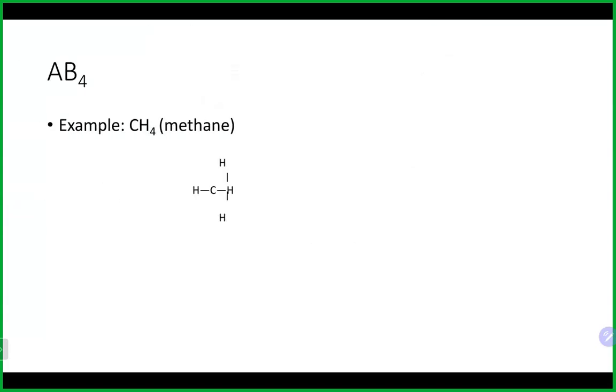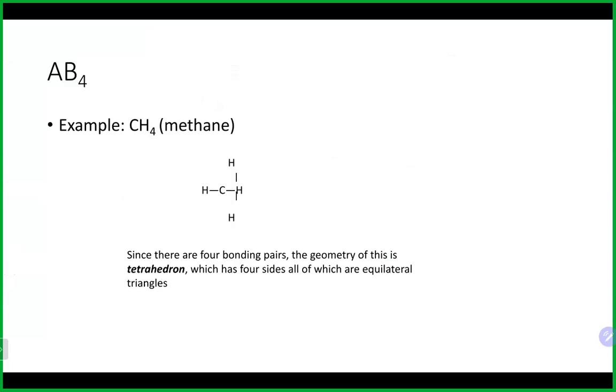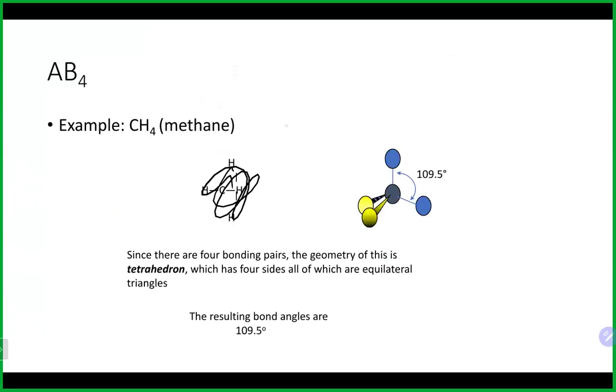The next type of geometry is something that we see very much butchered right there in that picture. So when we redraw CH4, maybe a little bit better here, CH4 looks like this. And again, if we go for our number of electron pairs here, 1, 2, 3, and 4.